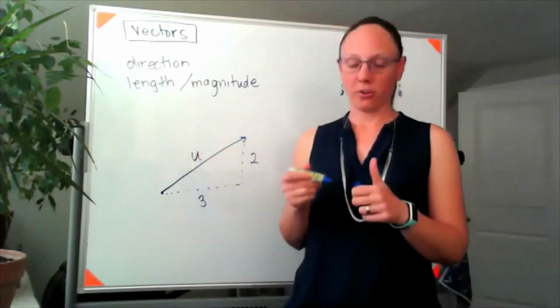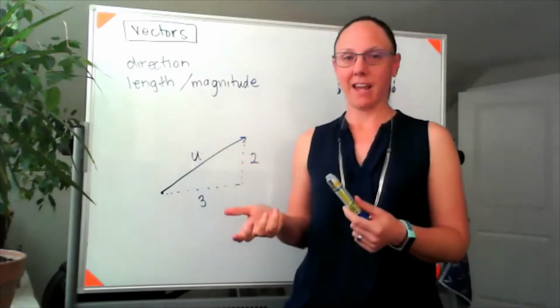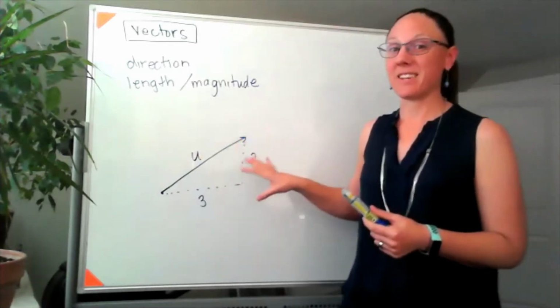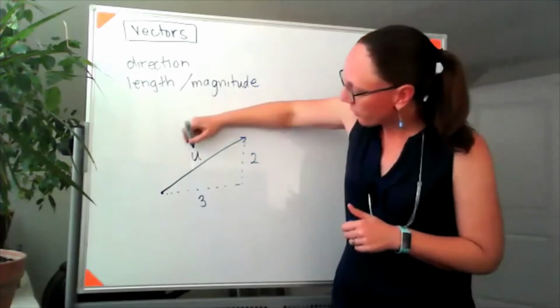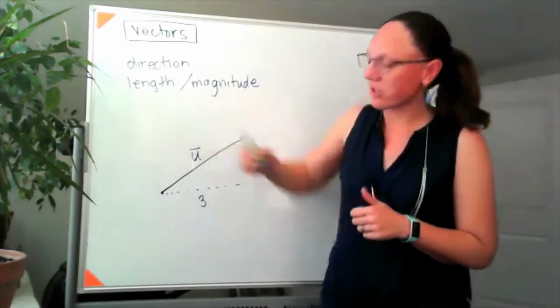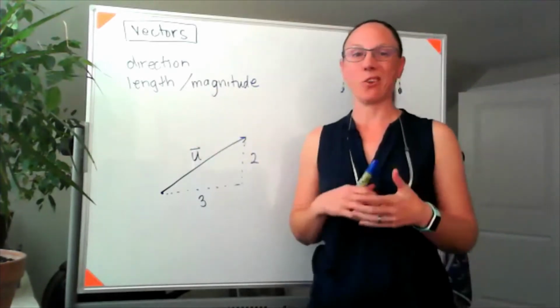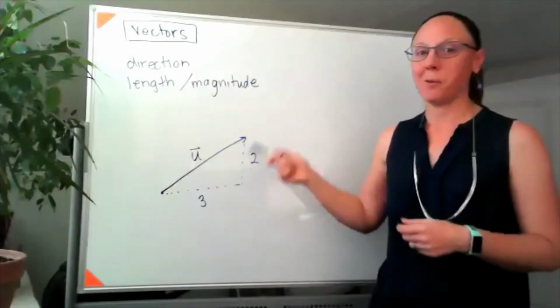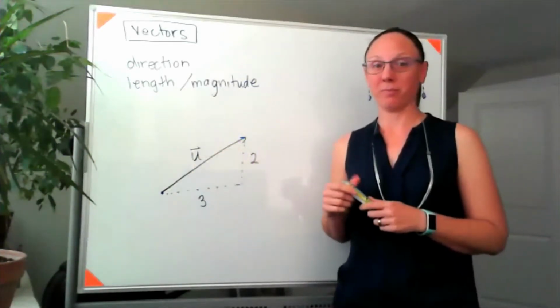U and V are the most common vector names. And to distinguish that it's a vector, we often put a little vector symbol on top of it. That's not the only possible notation, but it's a very common notation.